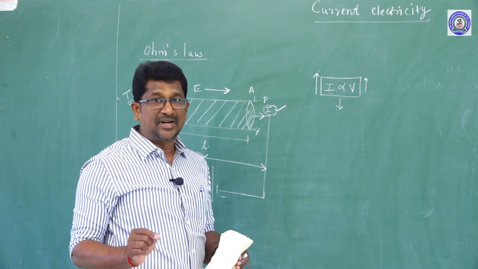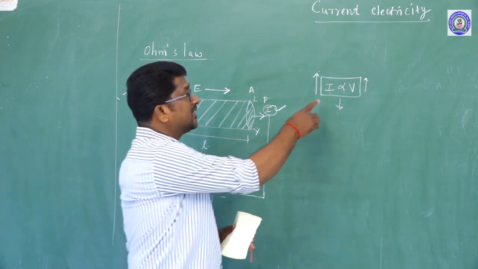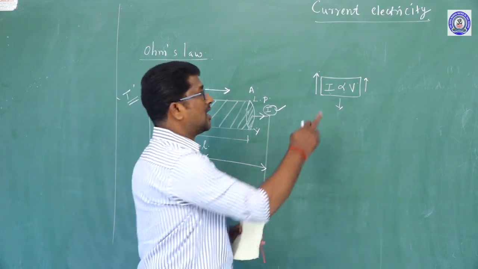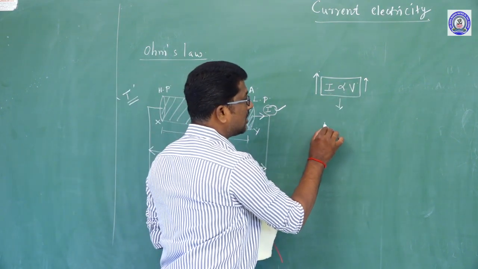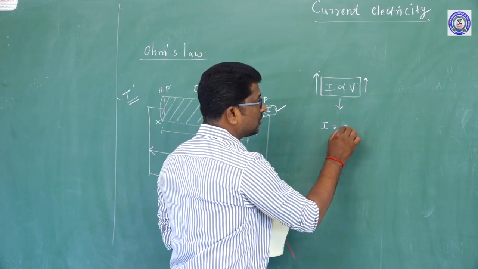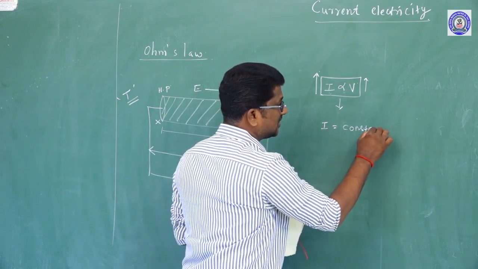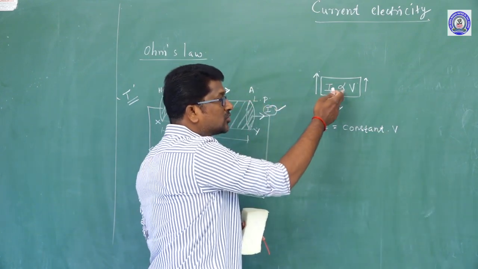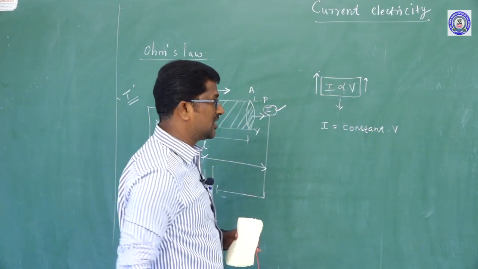If the temperature of the metallic wire is constant, then only this condition is applicable, that is I is directly proportional to V, or I is equal to constant into V. If you want to remove proportional, we should introduce a constant, right.